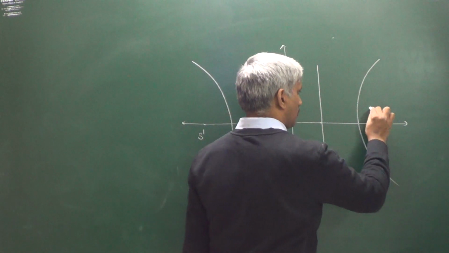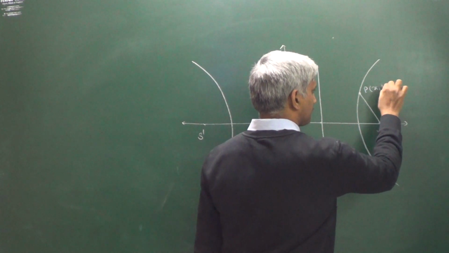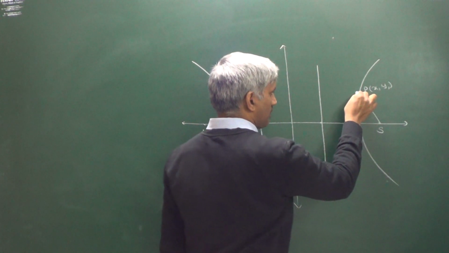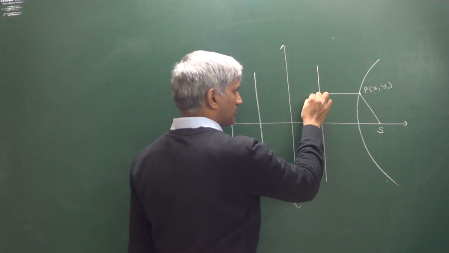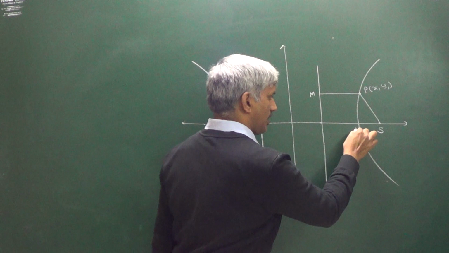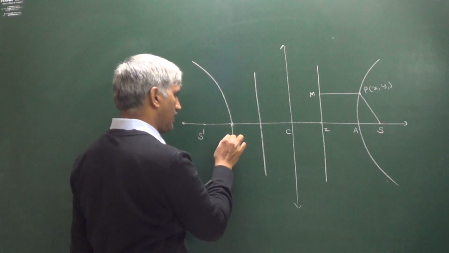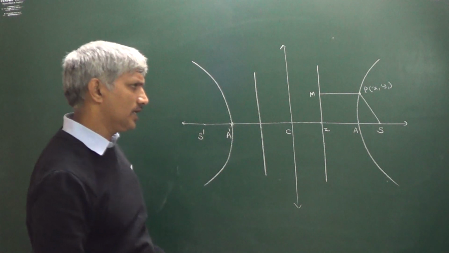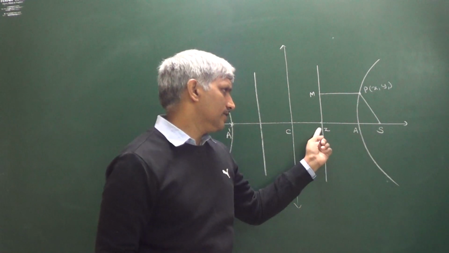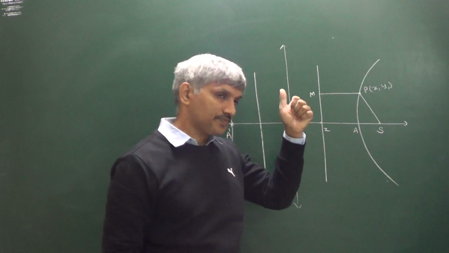The corresponding point is here, this is the point P (x1, y1). From that point P (x1, y1) drop a perpendicular onto this directrix. So this is S and this is A. Let us say this one as Z, and the center is C, and this becomes A dash. Same as earlier. Focus is this one, Z point is this one.